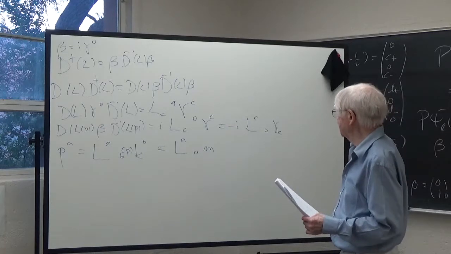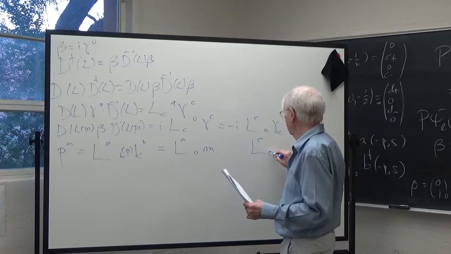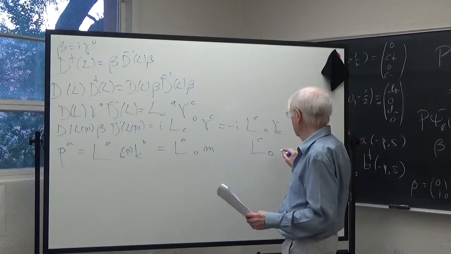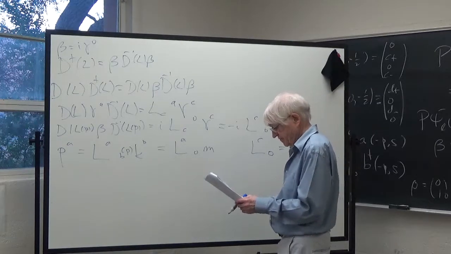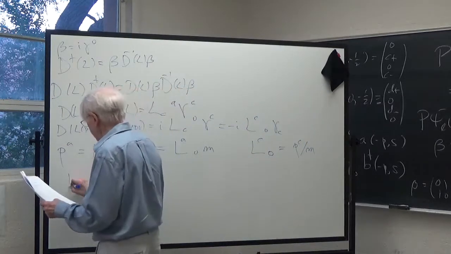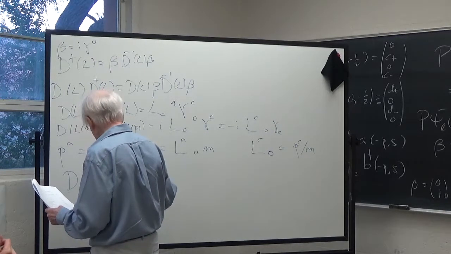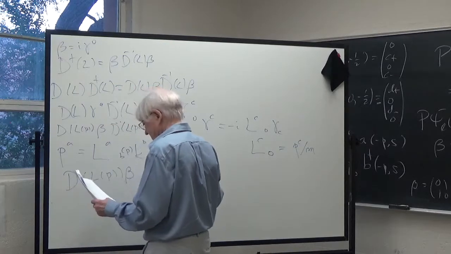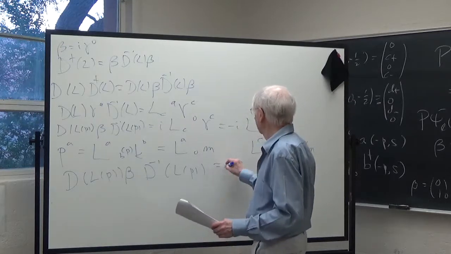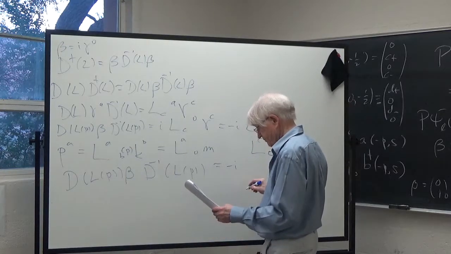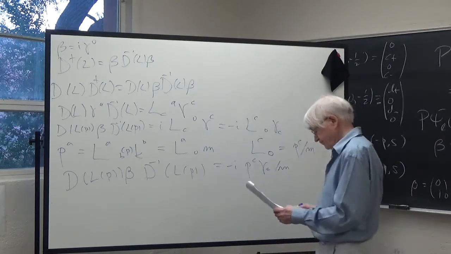So putting all this together, we know that LC0 is equal to PC over M. And so now we have that D of L of P beta D inverse of L of P is minus I PC gamma C over M.